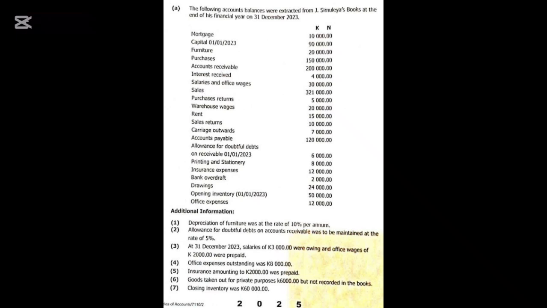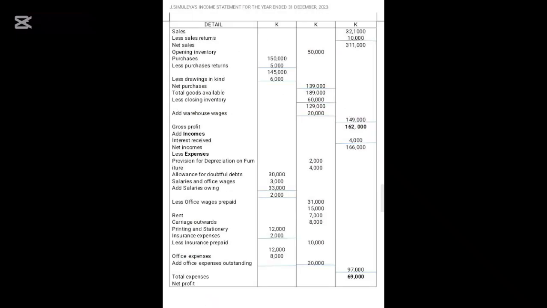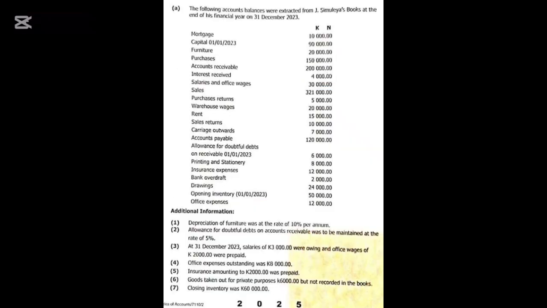Then under our additional information, for salaries and wages, we have 3,000 which were owing. So any owing amount should be added to show the expenditure amount in this year, 2023. So we add 3,000 to 30,000 to give us 33,000. Under the same year, we have office wages which were prepaid.